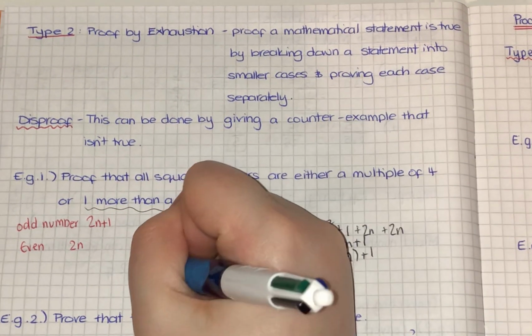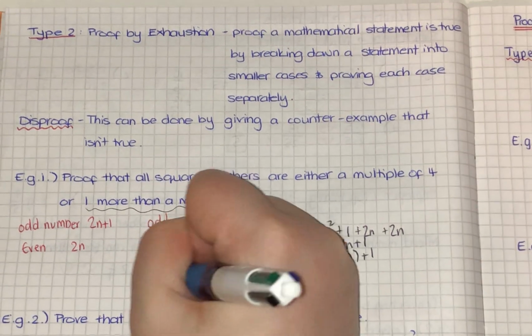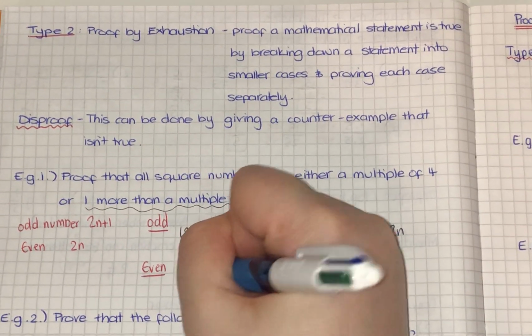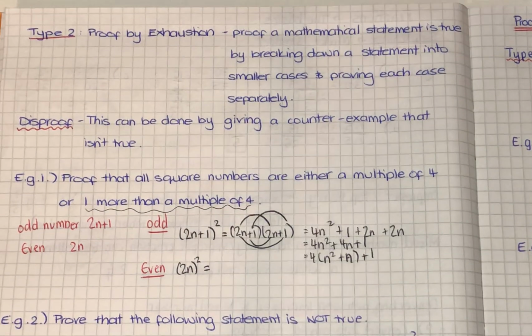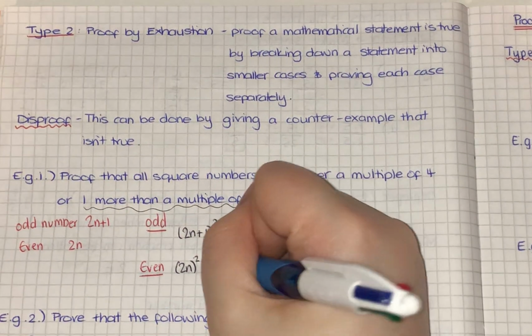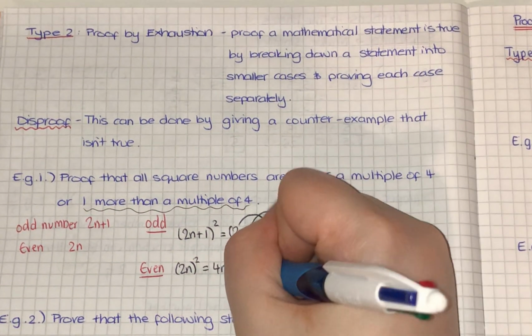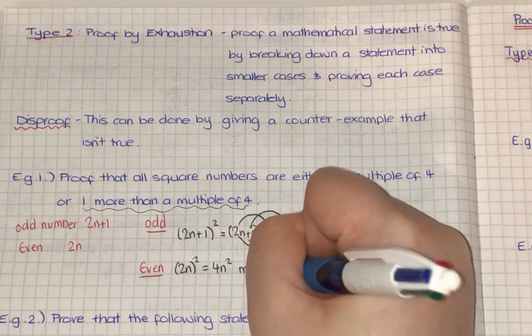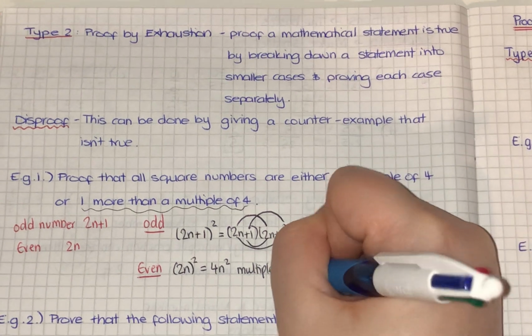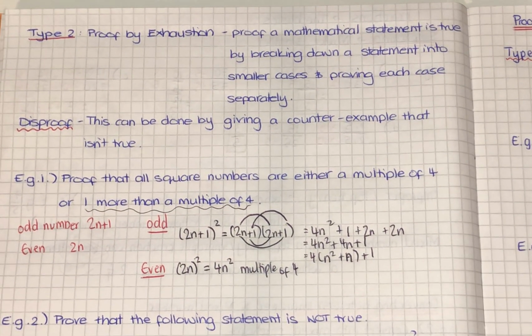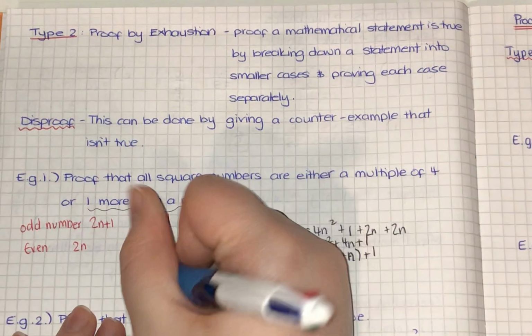Okay, so that's for the odds. We're then going to do the same for the evens. So an even is 2n, squared. Okay, so that's going to be 4n squared, which is just going to be a multiple of 4. You've then got to write a little bit of a statement just saying that they both work.